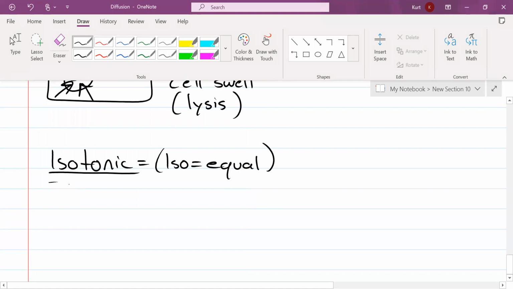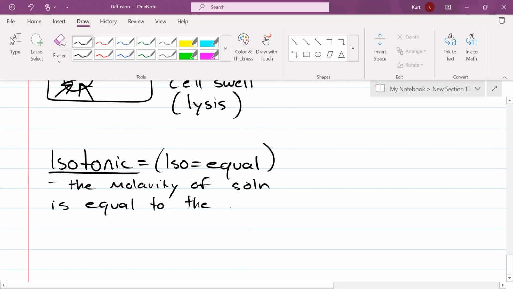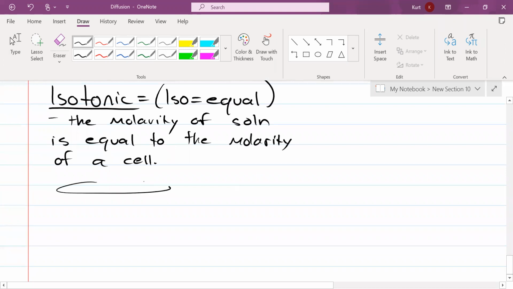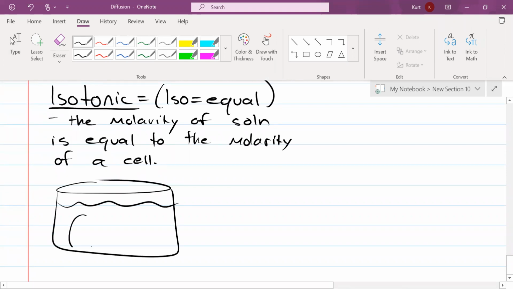So this is where the molarity of a solution is equal to the molarity of a cell. So here's my beaker. Here's my cell. Solution is 0.8 molar.